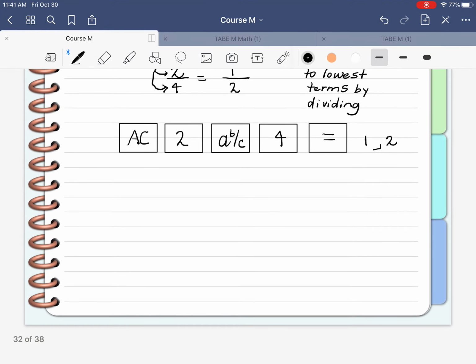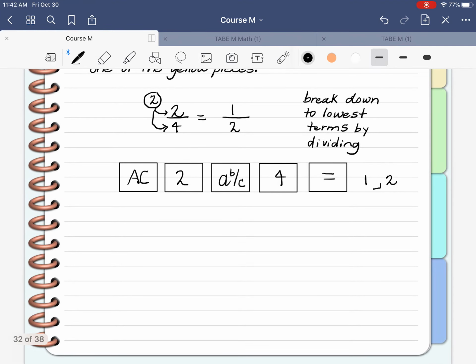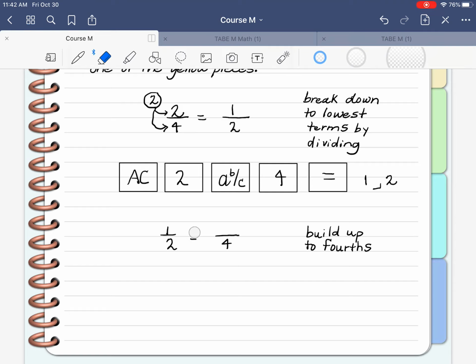But what if we were looking at the 1/2 and we needed to raise it up to fourths? We need to build up to fourths. Well, you don't build up with division. You build up with addition or multiplication. So that's exactly what we're going to do. Let me take out my equal sign so that I can put in.